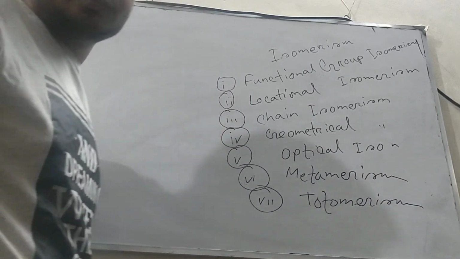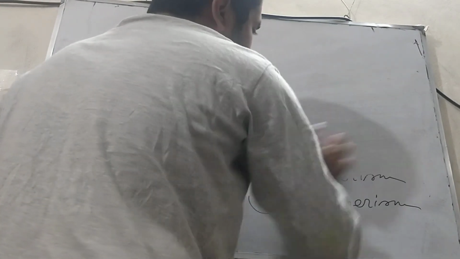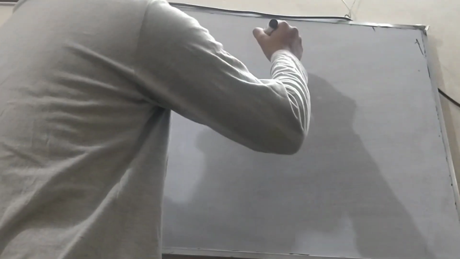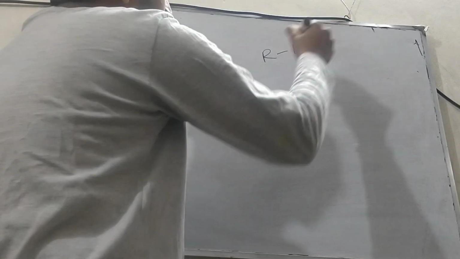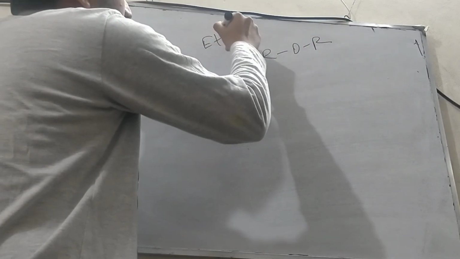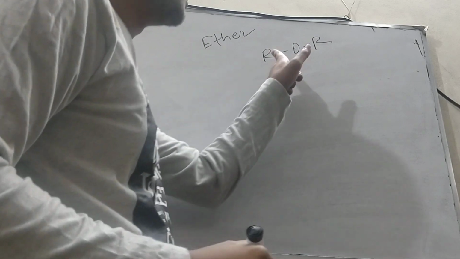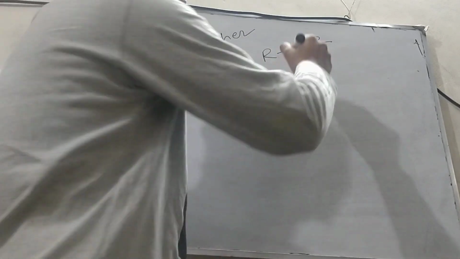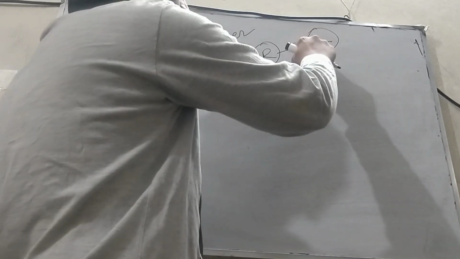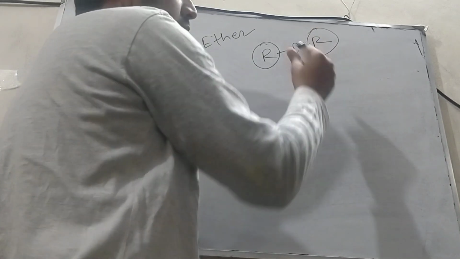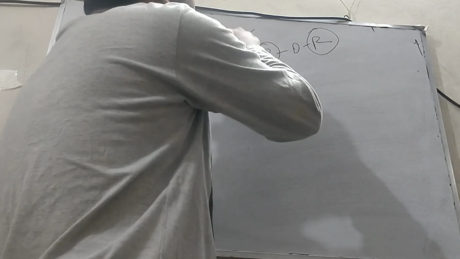So, if we want to know the first, which is functional group isomerism, first we have to know there is ROR, which is called ether. You know about ether that R means alkyl, and there are at least two alkyl groups with oxygen, and it's called ether.